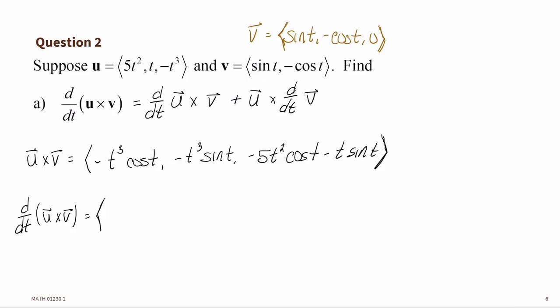If we start with the first component, that's going to require a product rule. So the derivative of cosine, negative sine, times the negative t cubed, plus the derivative of the negative t cubed times cosine.